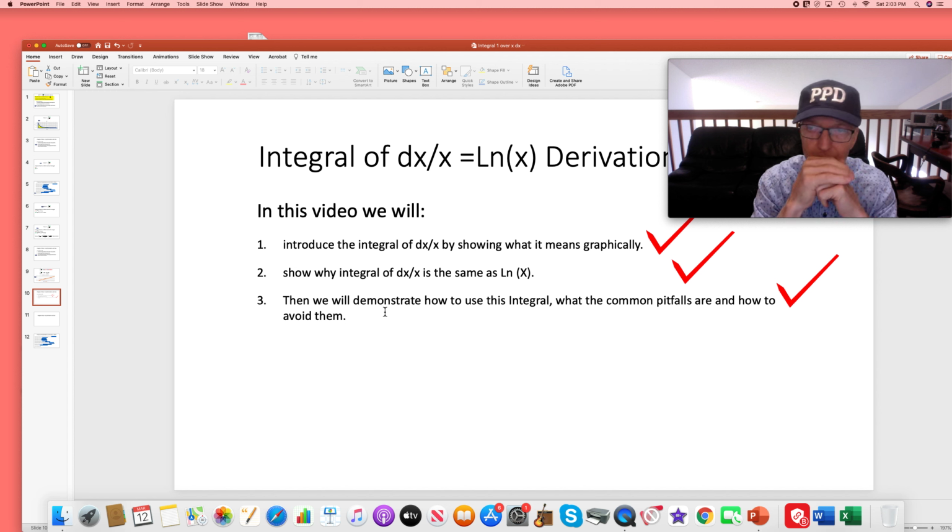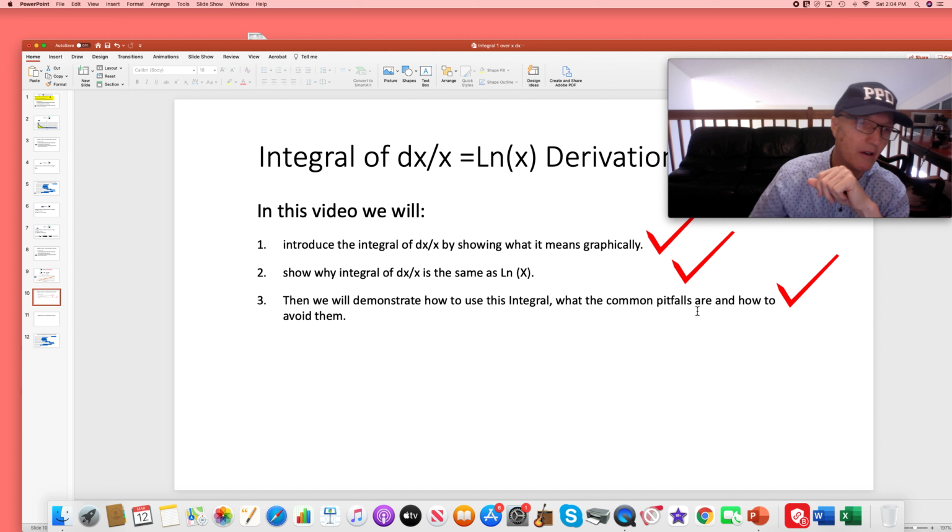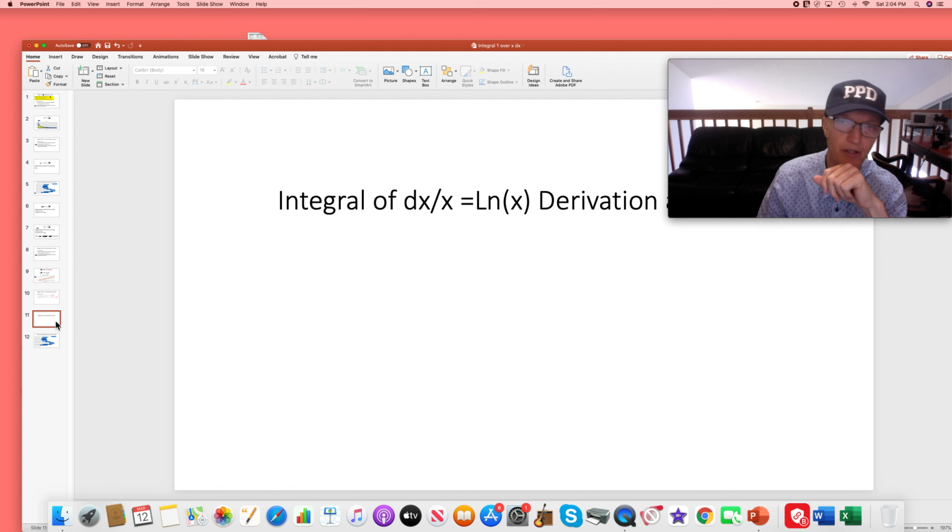The pitfall I wanted to talk about was that you can't start from 0 and go to a value, because ln of 0 is undefined and you get an error. But you can go as close as you like. We did that. So with that, I think we've covered this expression.